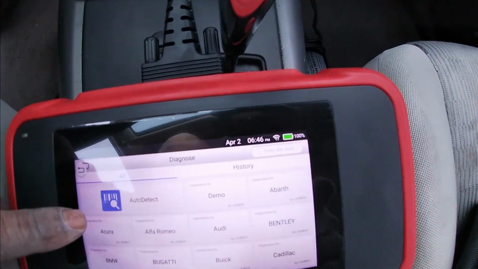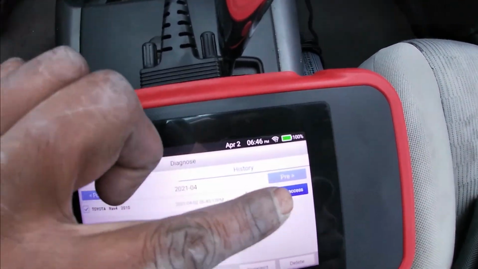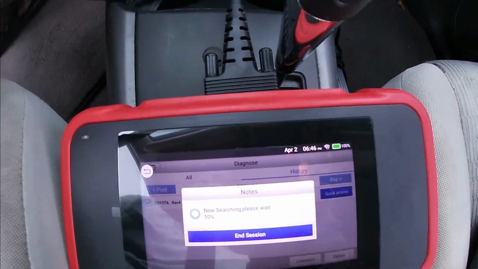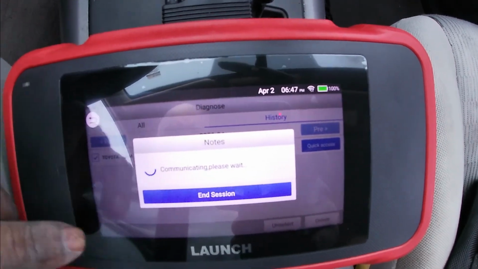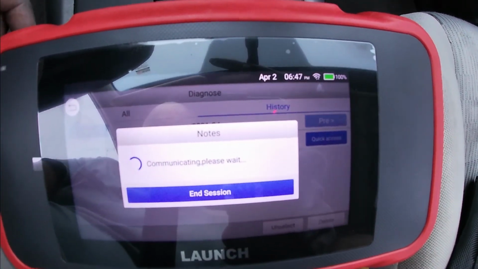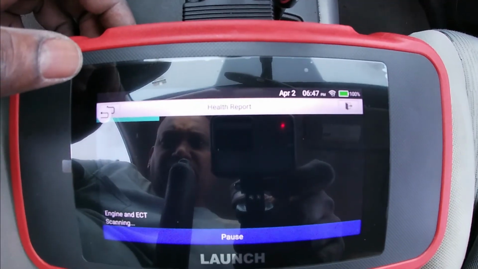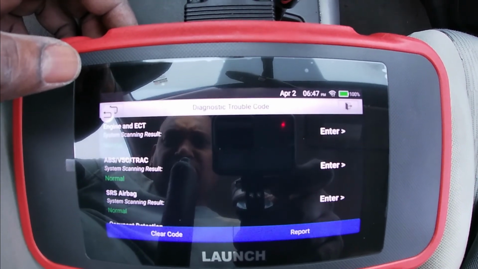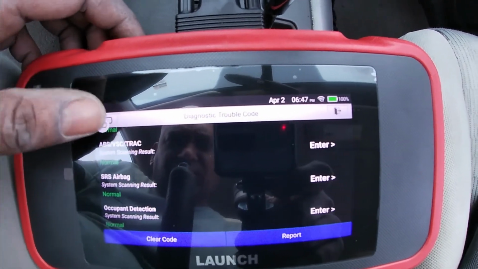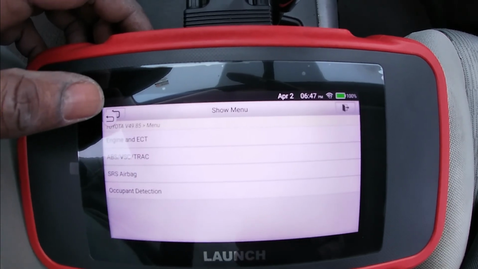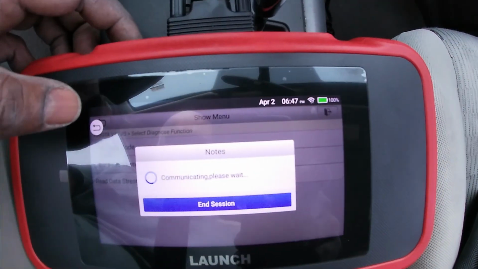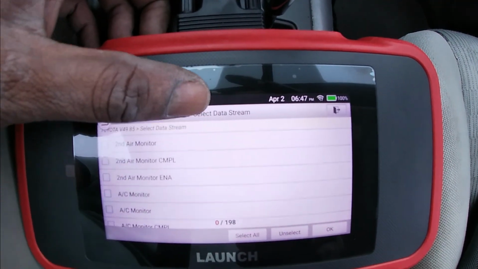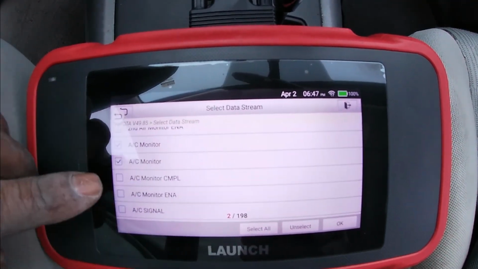I hooked up my Launch diagnostic tool and it pulled the VIN and I went through the whole process just to see what I can find, because I saw some of these guys on other channels use the diagnostic tool and it'll tell them exactly what's wrong. If there's a flow sensor, low voltage, they can manually turn the air conditioner on and off from the tool itself.